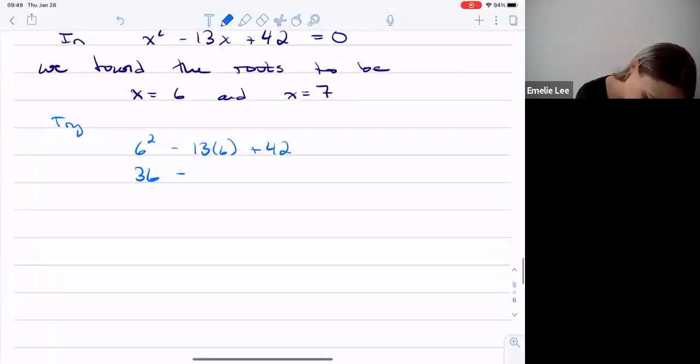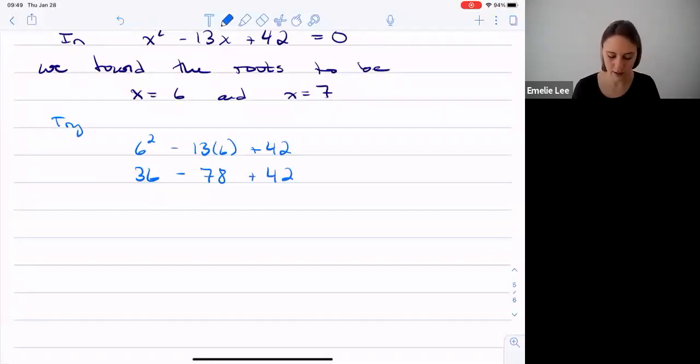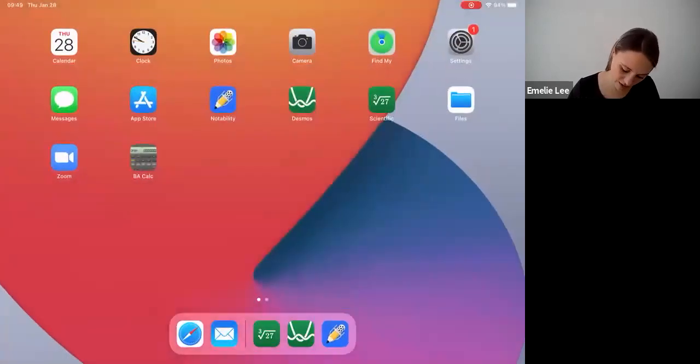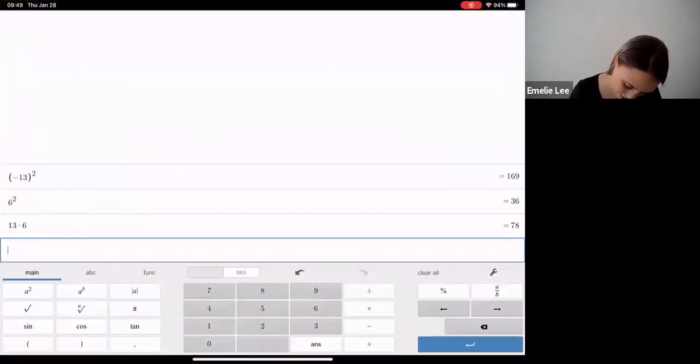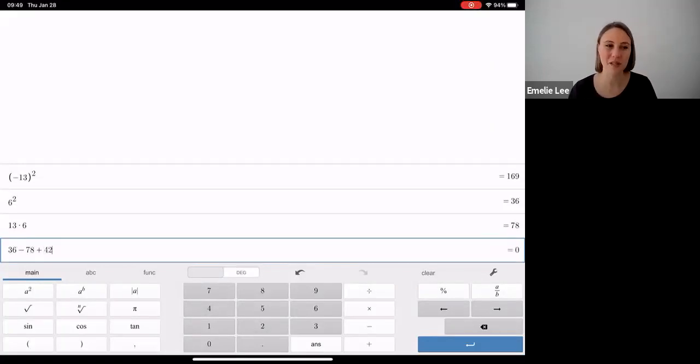Let's write that down. 36 minus 78 plus 42 is in fact 0, which is what we forced.